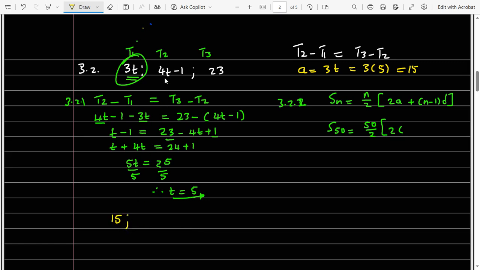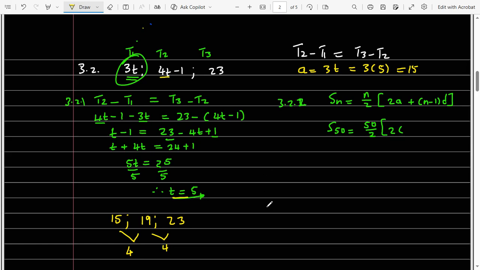And then the second term will be 3 times 5, that's 15, no wait, 3 times 5 is 15, plus... let me redo it: t is 5, so 4 times 5 is 20. We minus 1, the next term is 19. Then after 19, we have 23. The difference, 19 minus 15, gives us the difference of 4. And this one also is 4.